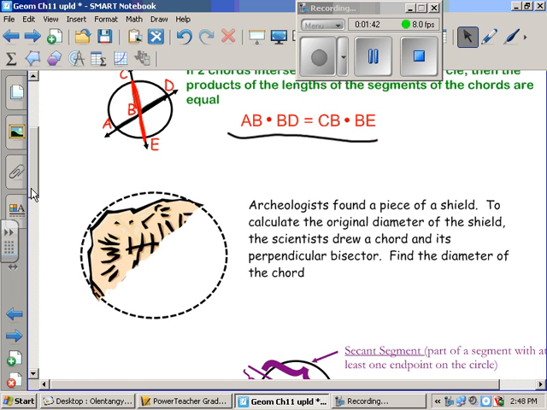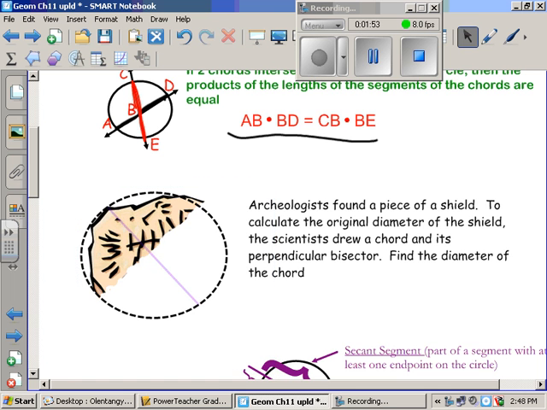They drew a circle around the outside edges of the shield, then drew the perpendicular bisector and the chord, and they want to find the diameter.